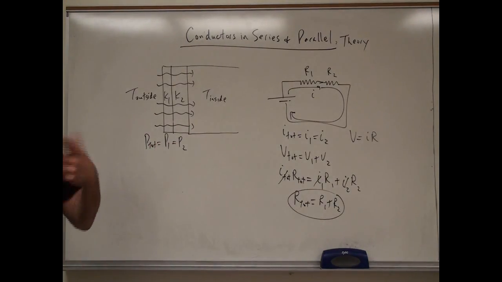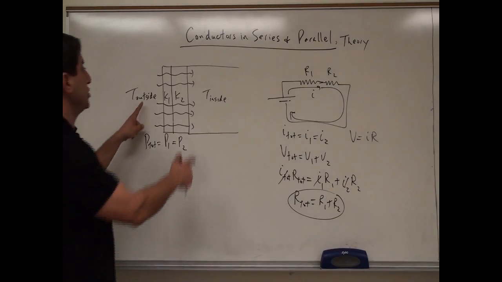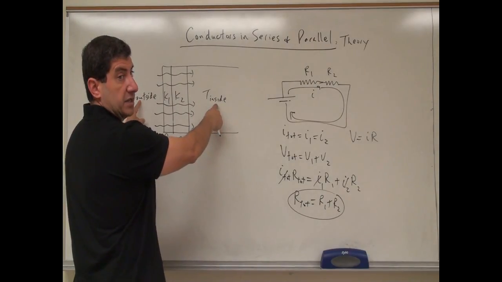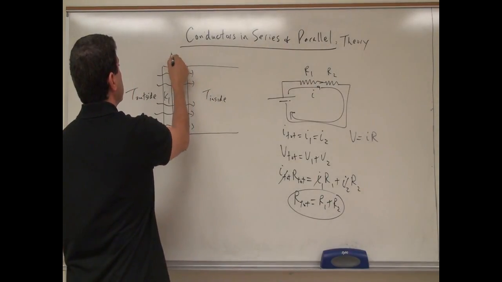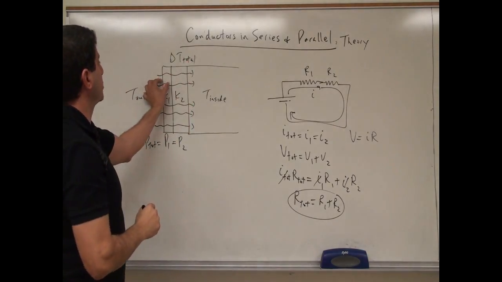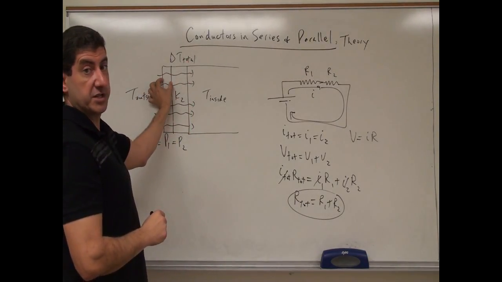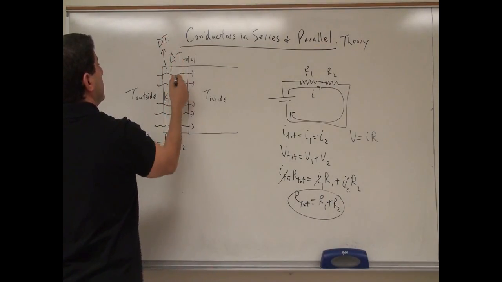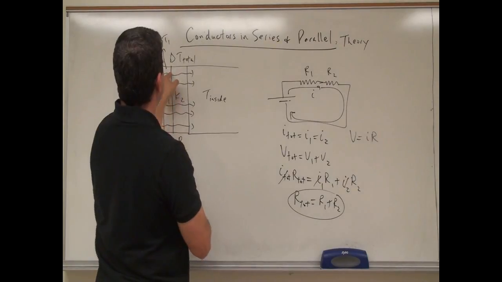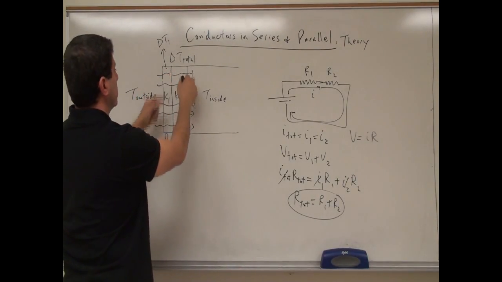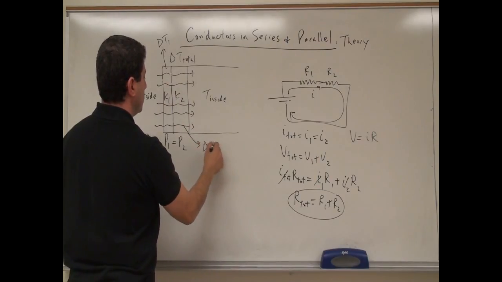Now what adds up in this case? What's the quantity that adds up? The change in temperature from the outside to the inside, let's call that delta T total. The change in temperature from the outside to the end of the first conductor is delta T1. And the change in temperature from the left side of the second conductor all the way to the right side of the second conductor, we can call that delta T2.